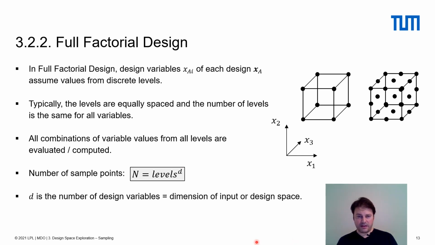So you can see that capital N will become large pretty quickly upon increasing the number of levels, and in particular upon increasing the number of dimensions of your input space.